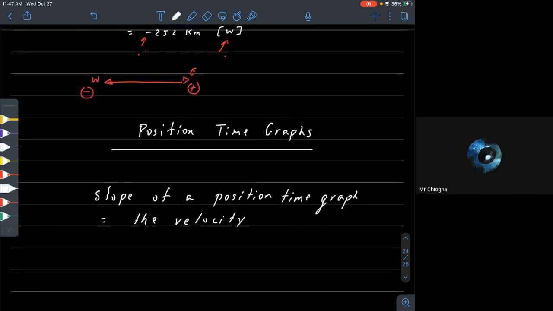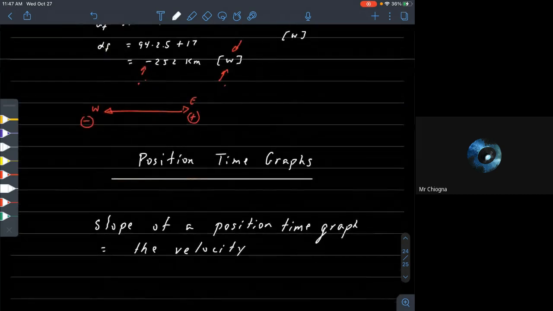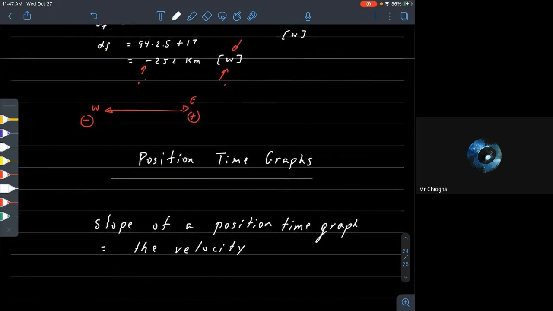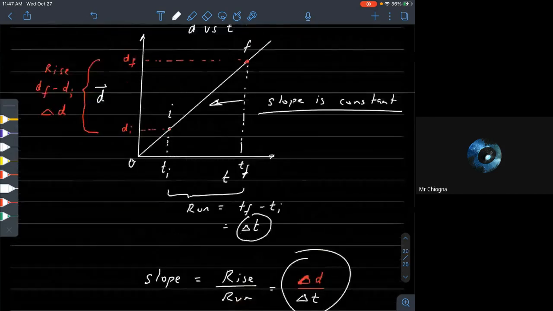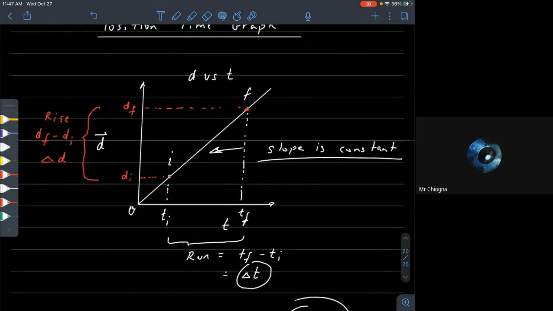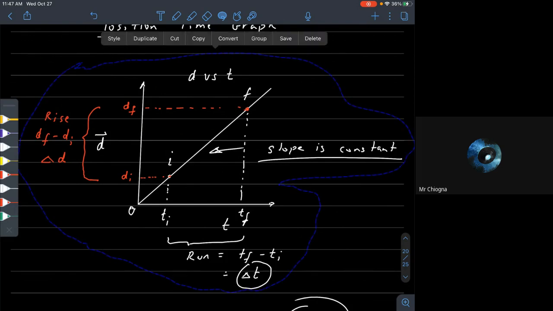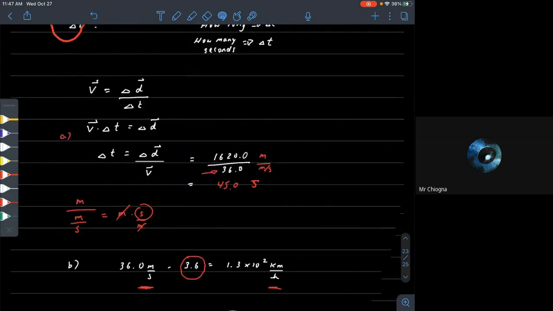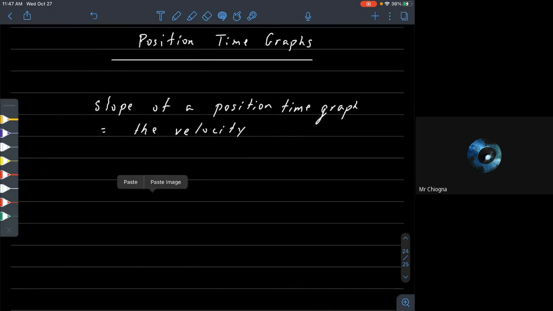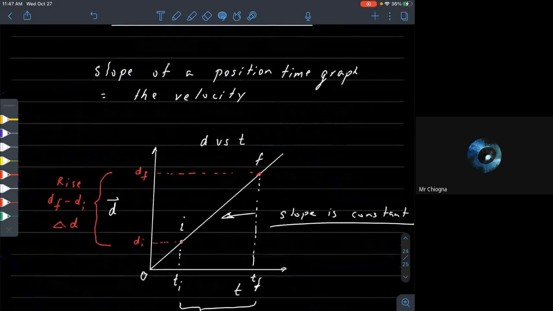I'm going to make a copy of that graph. Slope of the position time graph equals the velocity. There it is again.